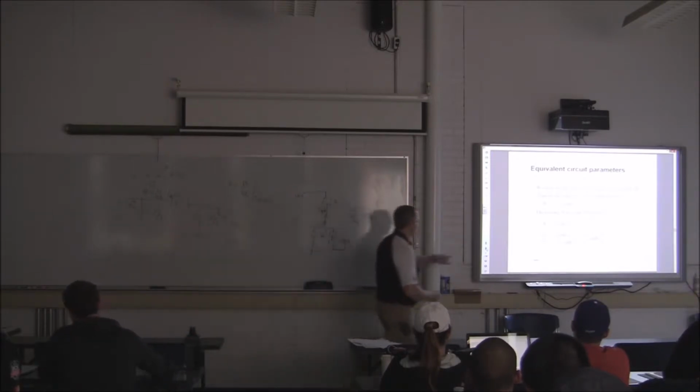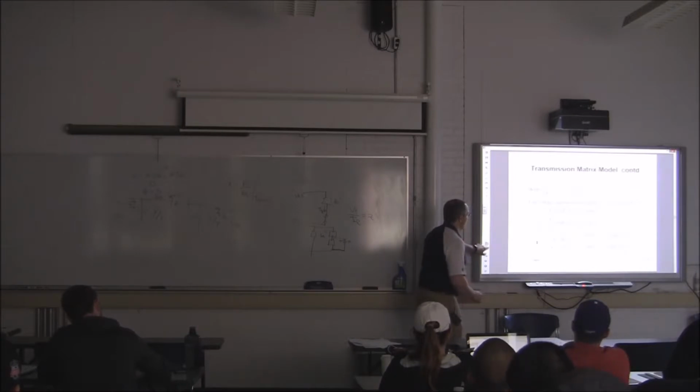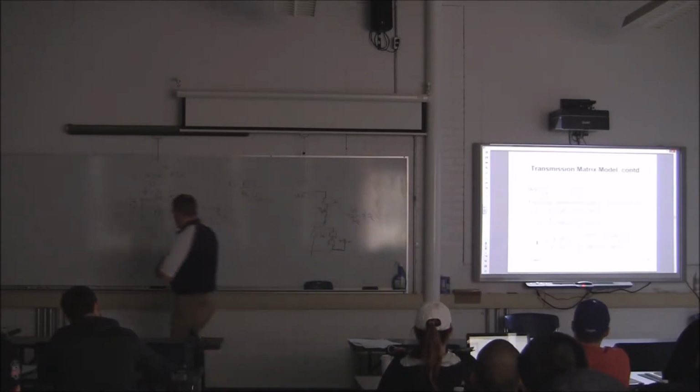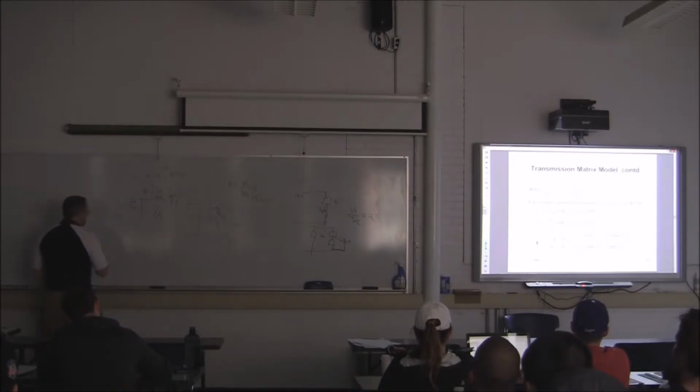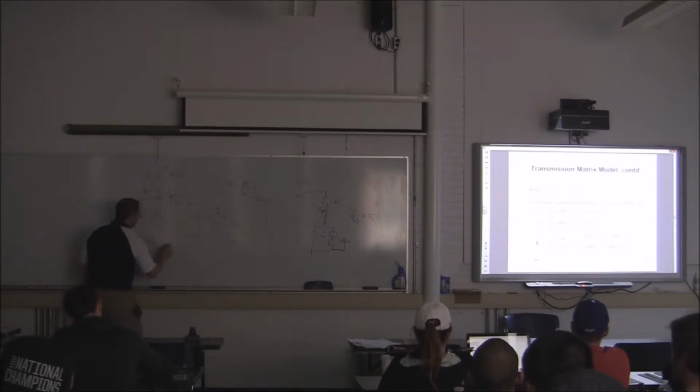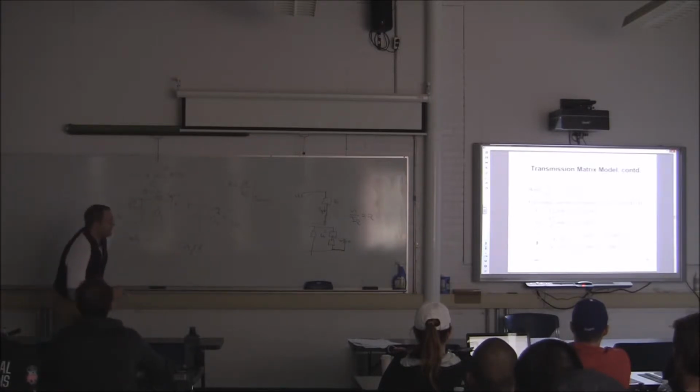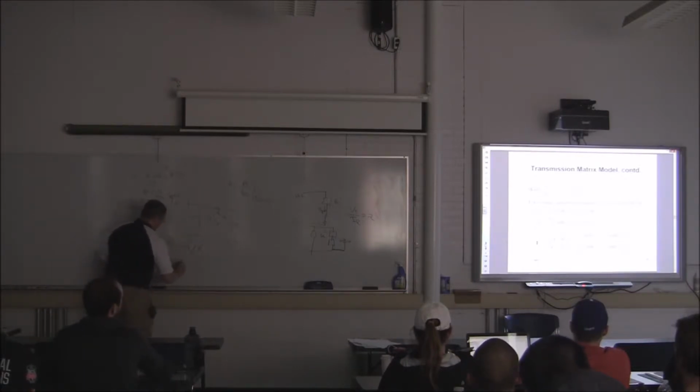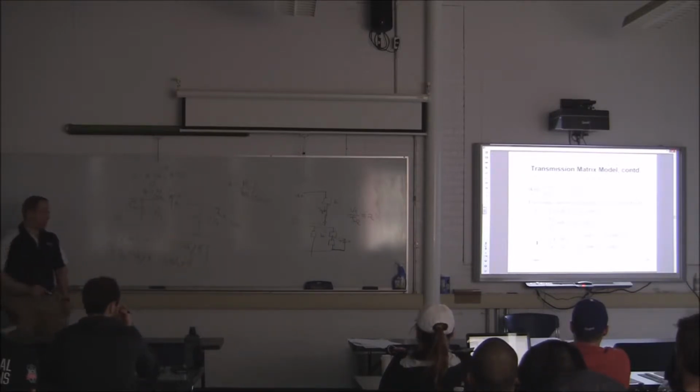So what we need to do is take our T equivalent, which is cosine hyperbolic of gamma L, and that's Z sub C sine hyperbolic of gamma L. That's 1 over Z sub C sine hyperbolic gamma L, and then this should be the same, cosine hyperbolic gamma L. This is our T equivalent, which is our exact model that we came up with.